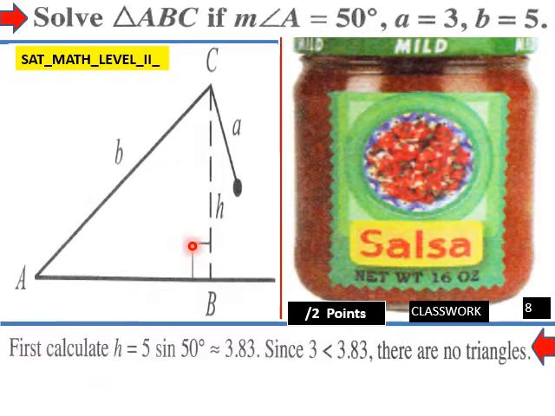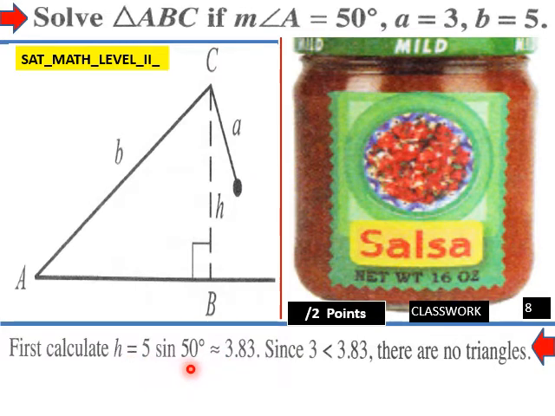In this situation, there is no triangle. First calculate h: b here would be 5, so 5 squared equals 3 squared plus h squared, and that comes out to 3.83.